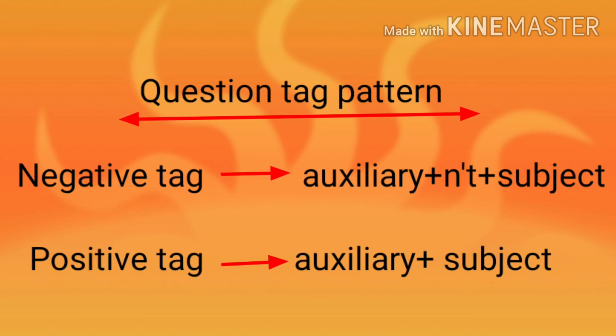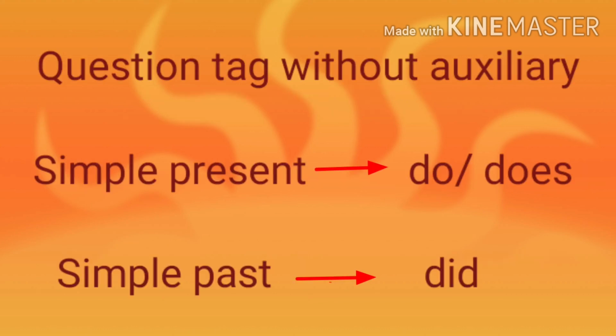Negative tag pattern is auxiliary plus not plus subject. Positive tag pattern is auxiliary plus subject. If there is no auxiliary in the sentence, use do, does or did forms according to the tense of the verb.